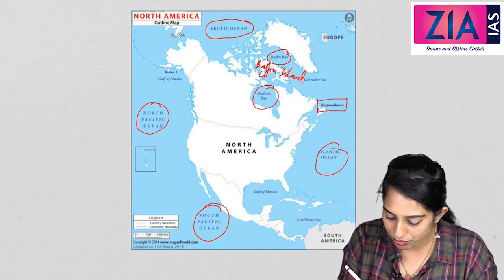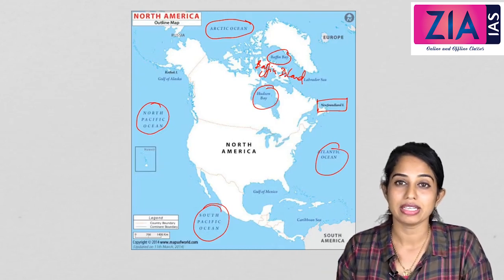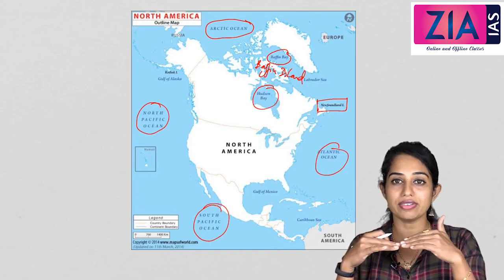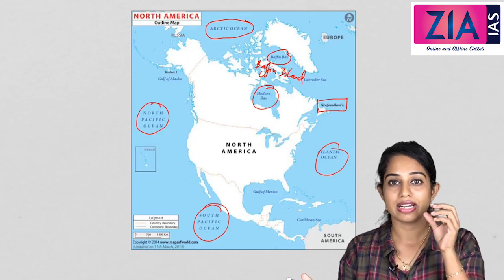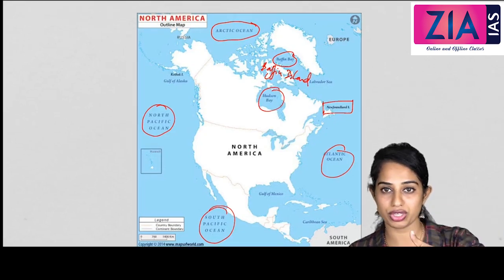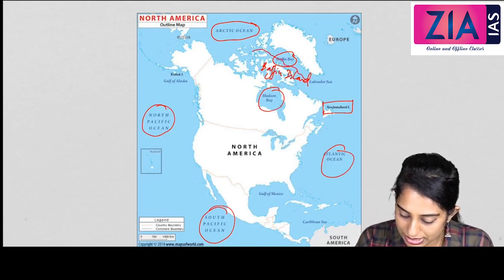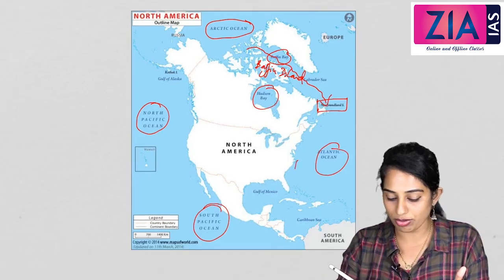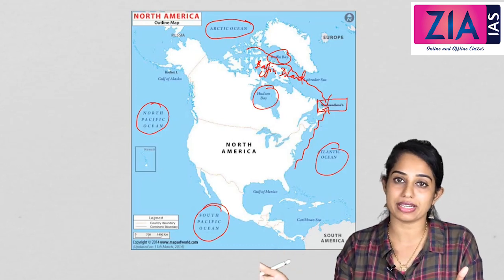It is called Newfoundland. So what is the importance of Newfoundland with respect to Canada? This is a place that is very rich in fishing because there is a confluence of two different ocean currents, warm and cold. We have the Labrador cold ocean current coming from the north, you can see from here, and from this side of the continent we have the Gulf Stream, a warm current, coming.